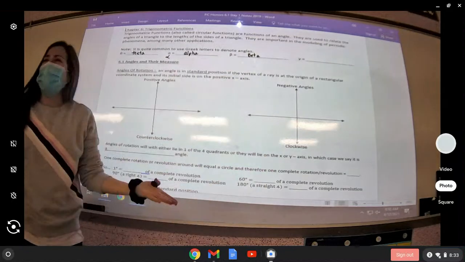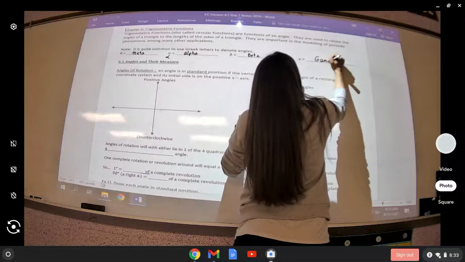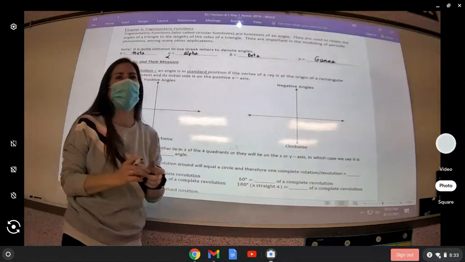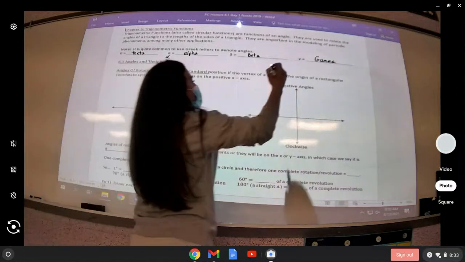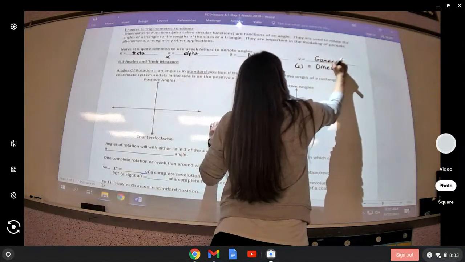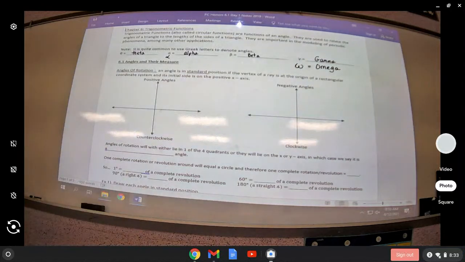Then you have gamma, which kind of looks like a Y a little bit. And I'm going to add one more just so we're aware of it, because it does come up with the cylindrical that we do: omega, which kind of looks like a curvy W. Just so you're all aware of some popular symbols that you'll be seeing.